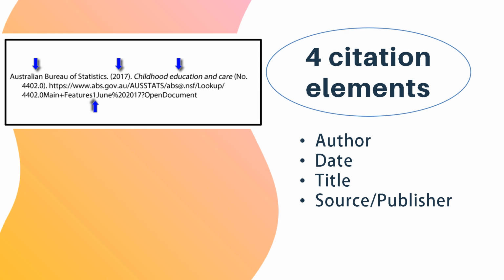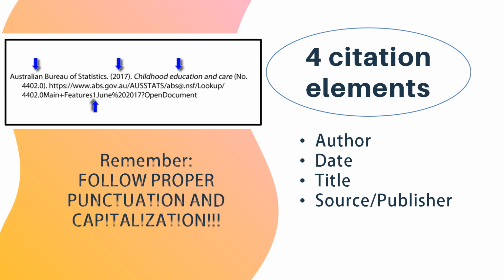And then the title, the overall concept of the material, and the source or publisher, the point of origin where the source can be retrieved. With these elements in mind, your citation will achieve clarity and reliability. Always remember, though, that you should always follow proper punctuation and capitalization.